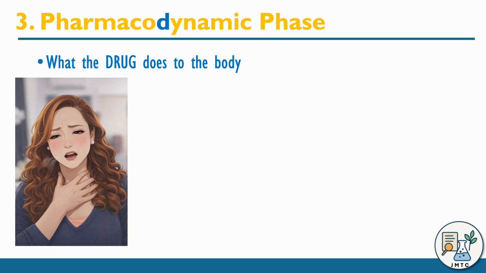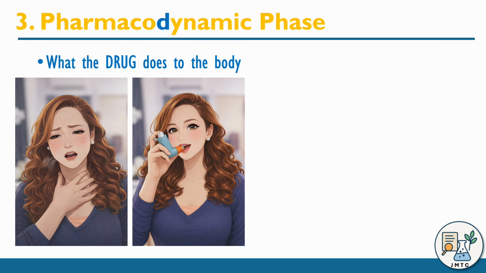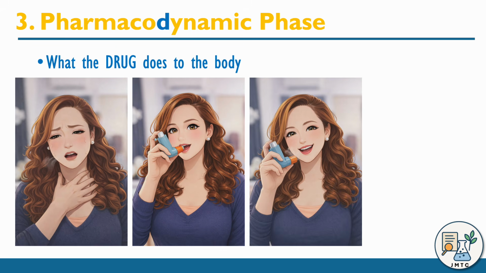So I have a scenario here with Kikai, who's an asthmatic patient who suddenly experiences difficulty in breathing. She uses her metered dose inhaler, let's say a salbutamol, and after a few minutes, her breathing improves.